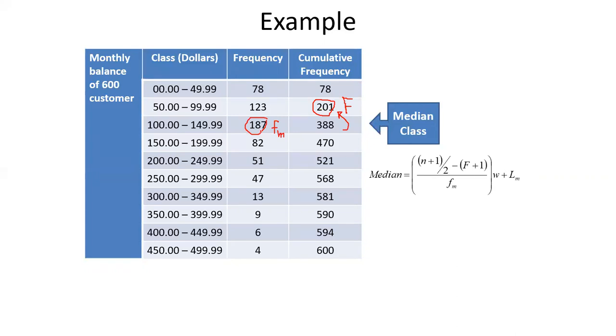Lm is the lower limit of the median class. This is my Lm. And what is the width? W is the width of the median class, which is 50, because every class has an interval of 50. So that is fixed for everyone. Now you got everything: F, Fm, Lm, W, and N.